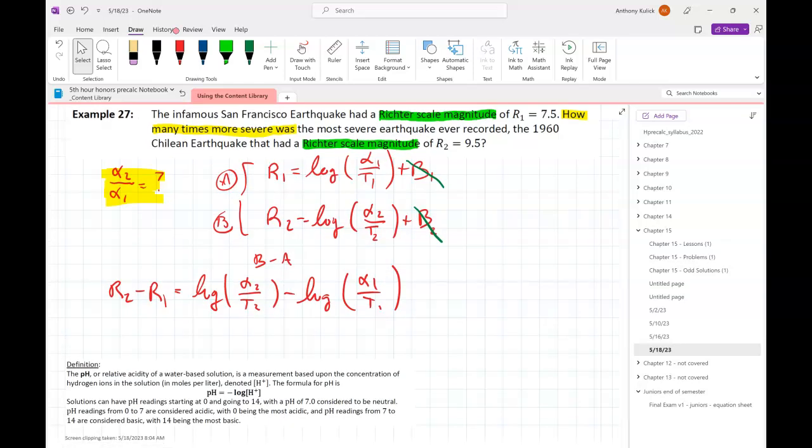So R2 minus R1 is just going to be 2, right? 9.5 minus 7.5.